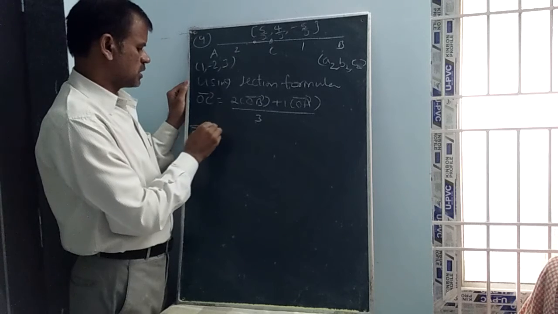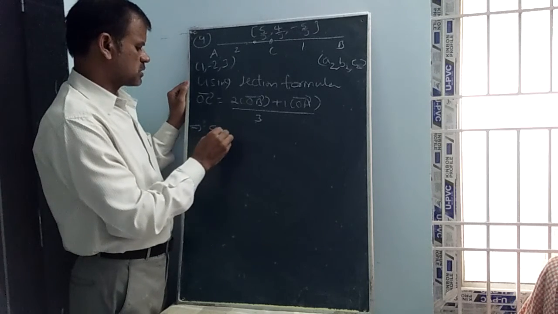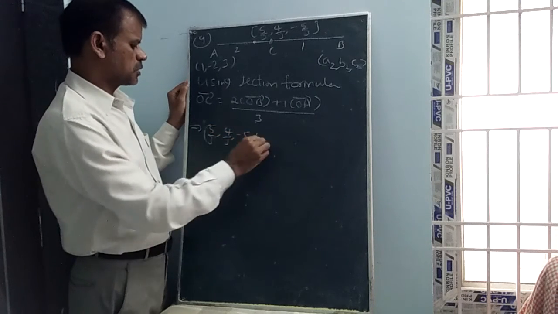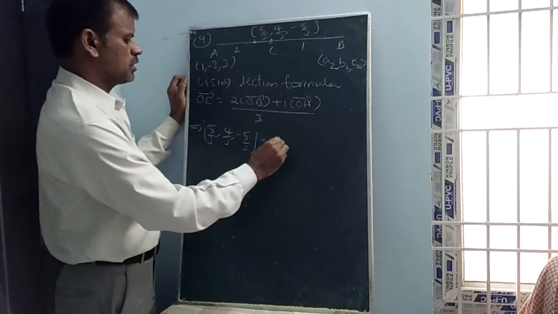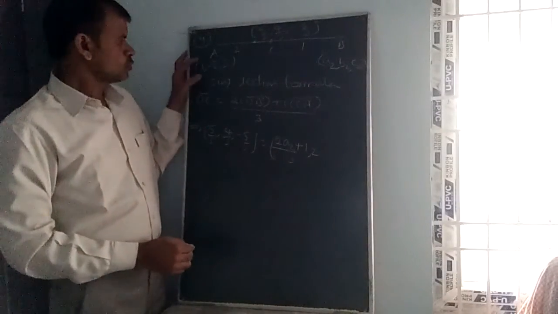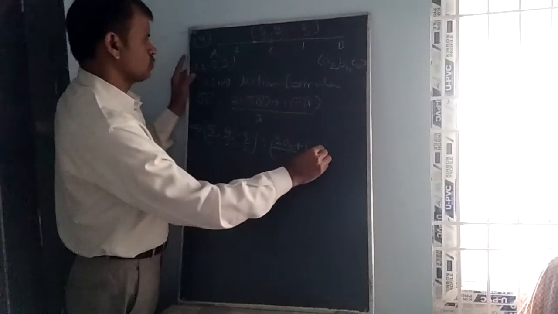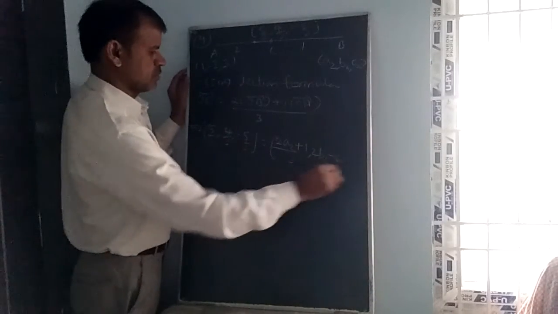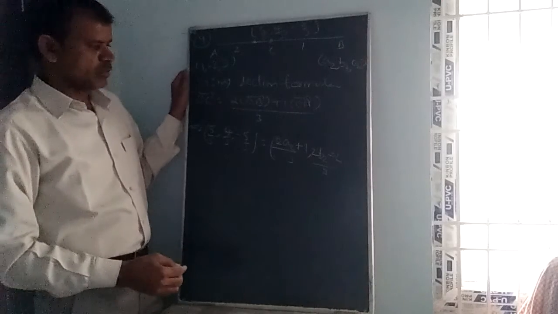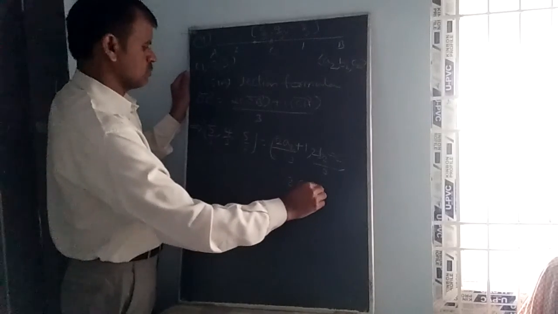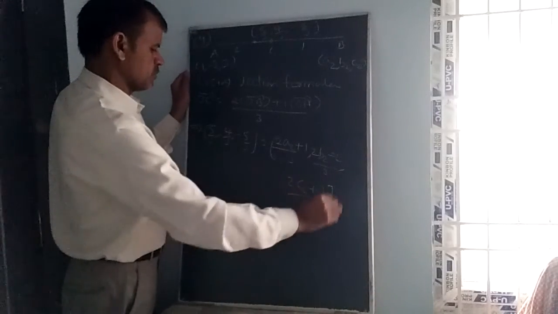So by comparing the vectors, 5 by 3 comma 4 by 3 comma minus 5 by 3 is equal to 2a2 plus 1 by 3 comma 2b2 minus 2 by 3 comma 2c2 plus 3 by 3.